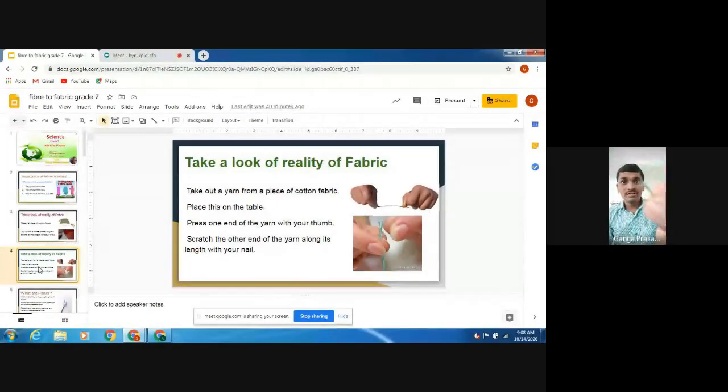See here. Observe, if you loosen the yarn or thread, you will get still thinner strands from it, right? These still thinner strands are called fibers.